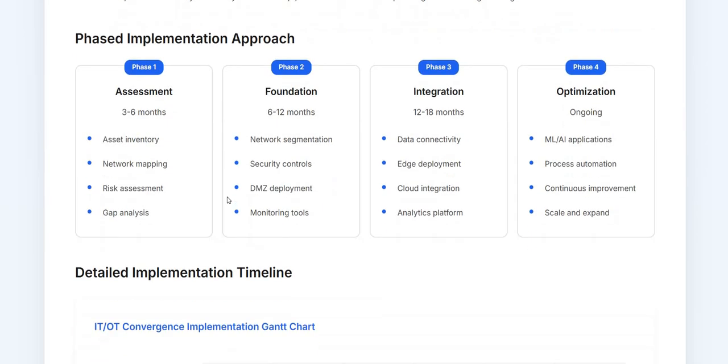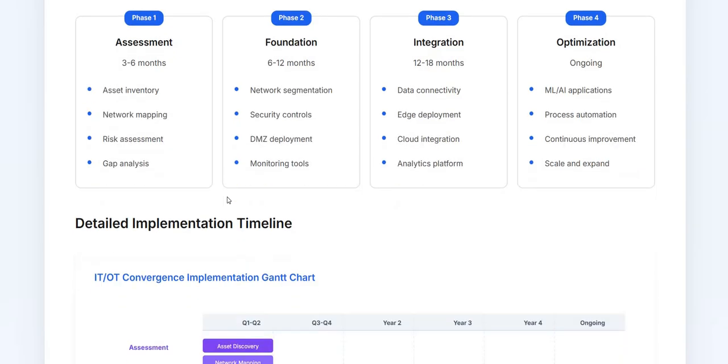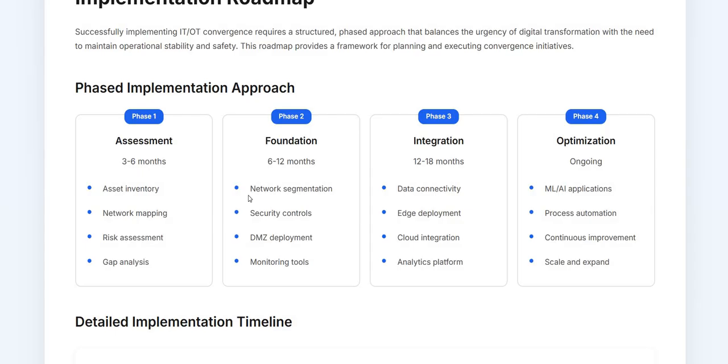Okay, and the next stage builds the base. Segmentation gets implemented, and firewalls go in, a control DMZ appears, monitoring tools come online, access roles get defined, and only after that does integration begin.